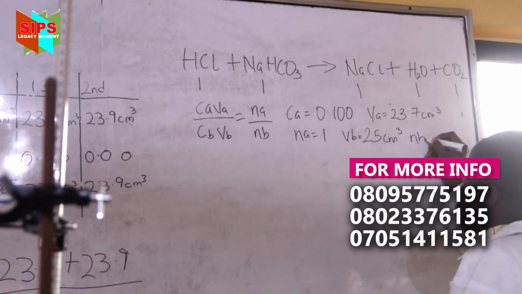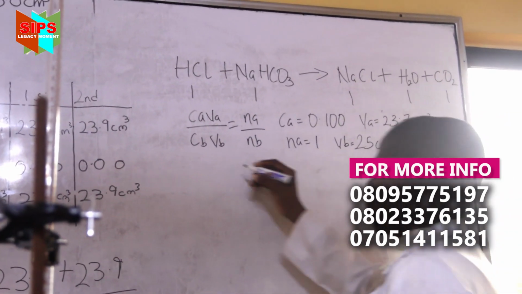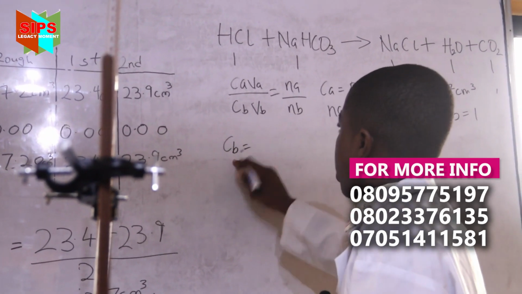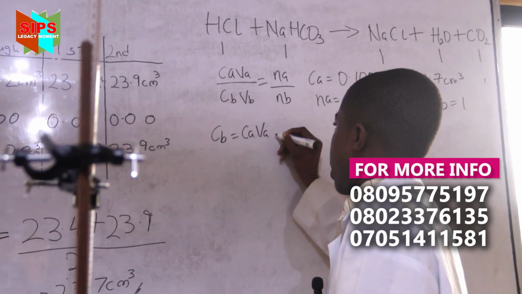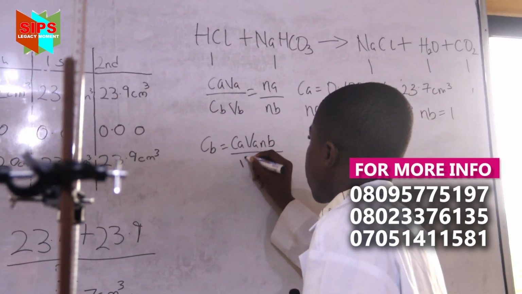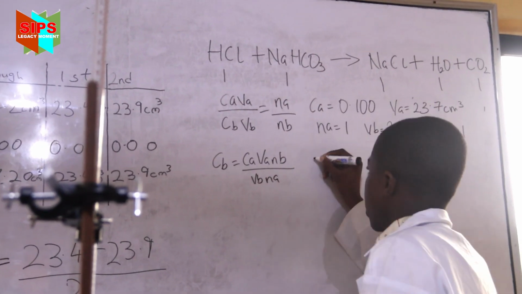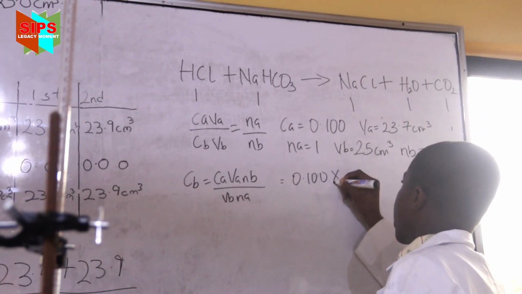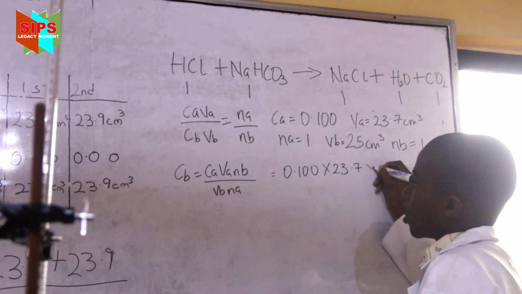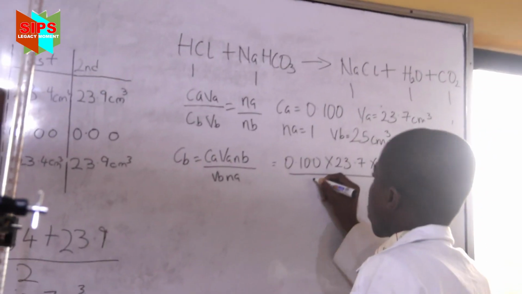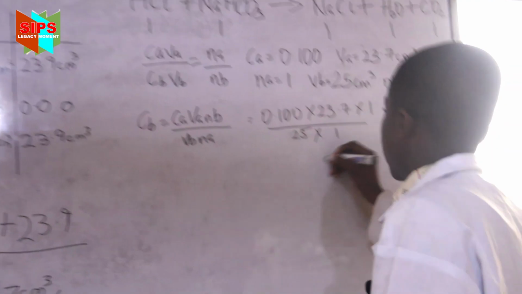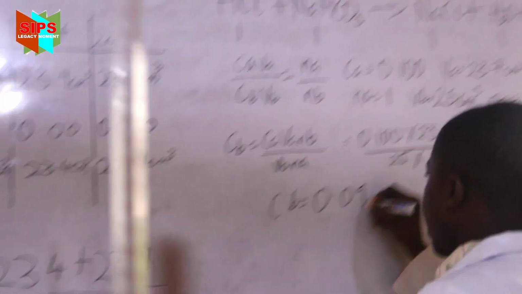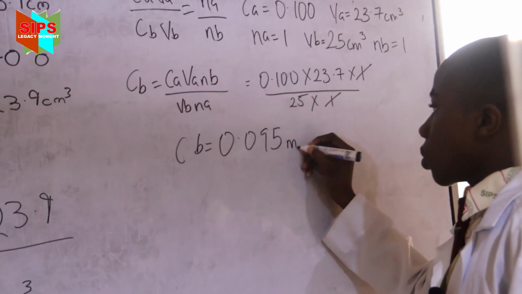And the number of moles of base used is also 1. So now to find Cb, we make it the subject of the formula. This gives us Cb equals CaVaNb over VbNa. When we put in our values, we have 0.100 times 23.7 times 1 over 25 times 1. If we remove 1, this gives us 0.095 mole.